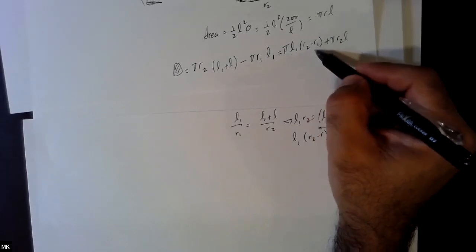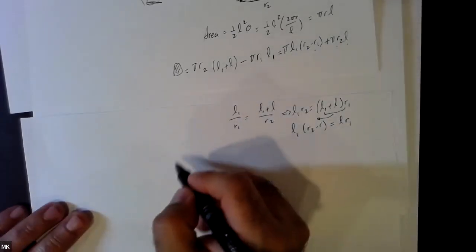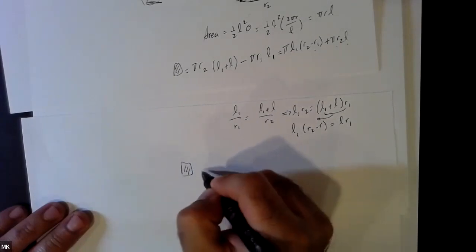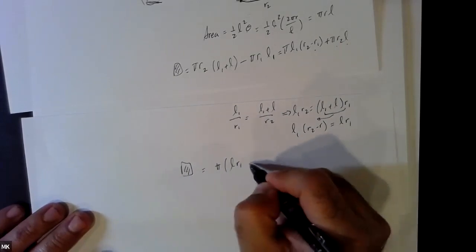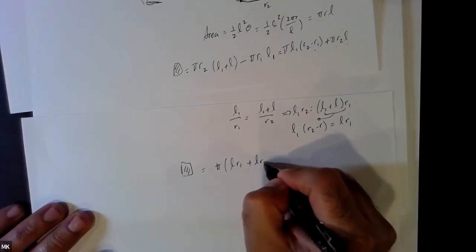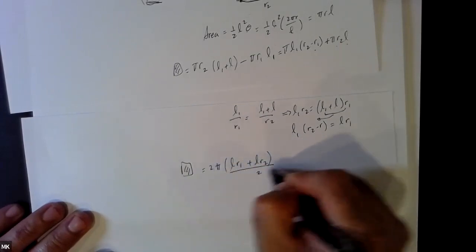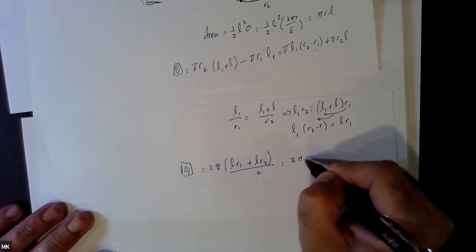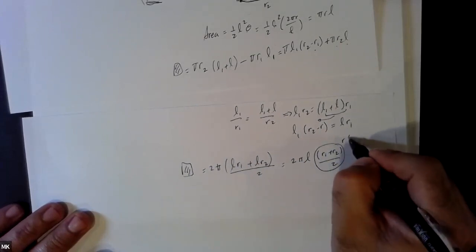So this is going to be L R1, this is L R2. So the area of the shaded region is going to be pi (L R1 plus L R2). Multiply and divide by 2, it is 2 pi L (R1 plus R2) divided by 2. It's the average of R1 and R2. Let's just call it R star.